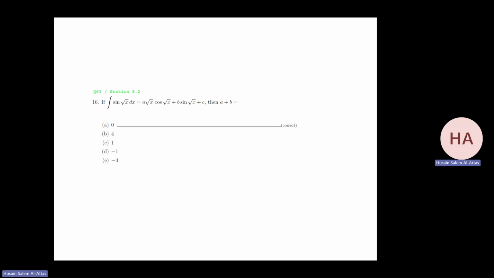He wrote down the integral in terms of something, and he said, what is a plus b? Okay, just do the calculation. First, I need to get rid of this square root, so let w be square root of x. So dw will be 1 over 2 root x dx. We did it before. Let me do it quickly. We'll do the same trick.